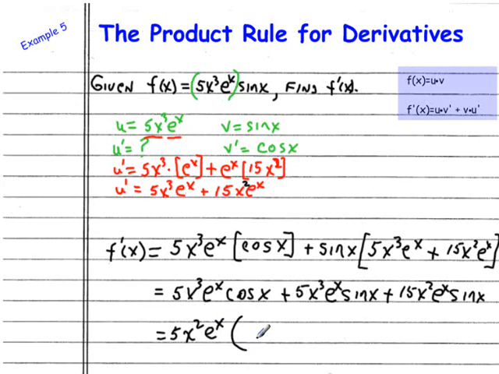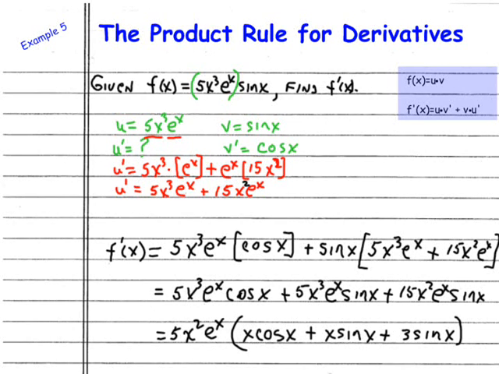And then we would have what? We would have x cosine x as the first term, and we would have x sine x as our second term, and finally we would have what? 3 sine x as our third term. This might look a little cleaner. Probably either of these would be acceptable, though, as an answer.